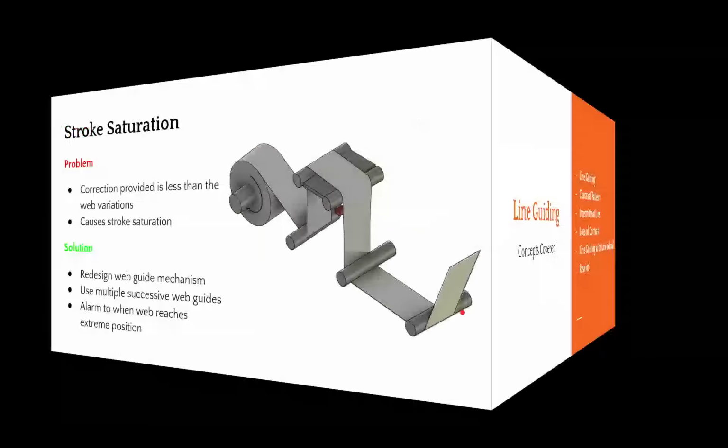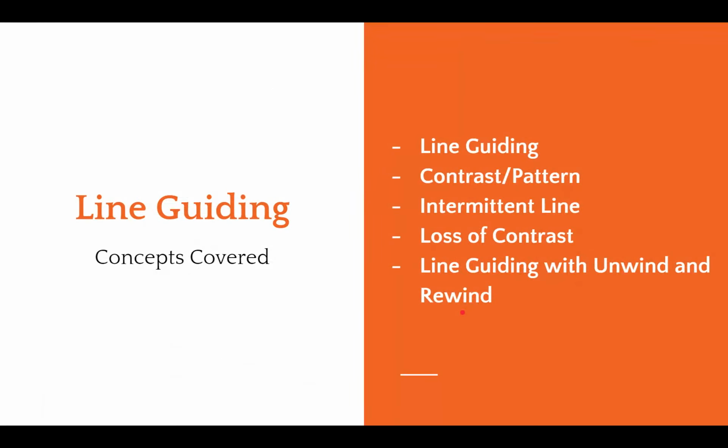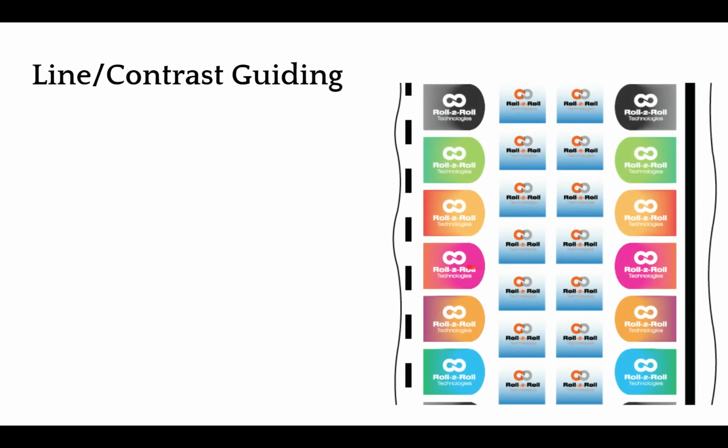Now let me quickly go over line guiding and cover a few other concepts. Edge guiding is looking at the edge of the web. Anytime you want to look at a feature on the web, you would have to use line guiding or contrast guiding. Why do we want to do that?